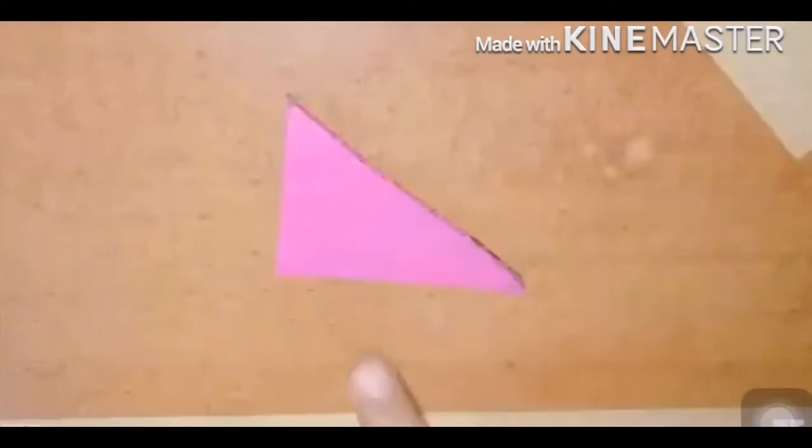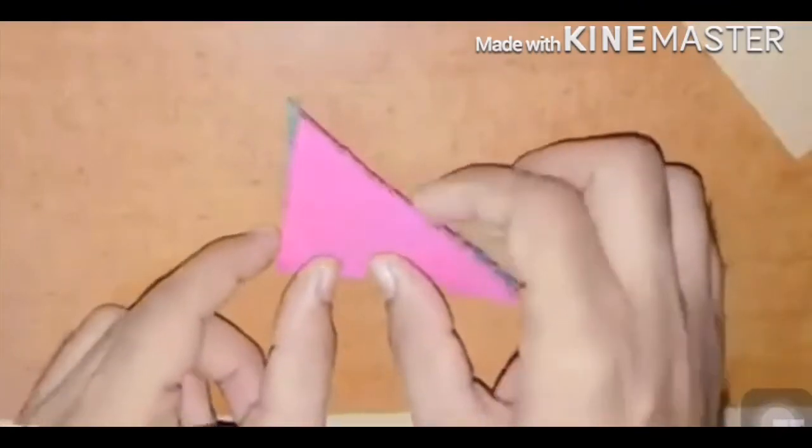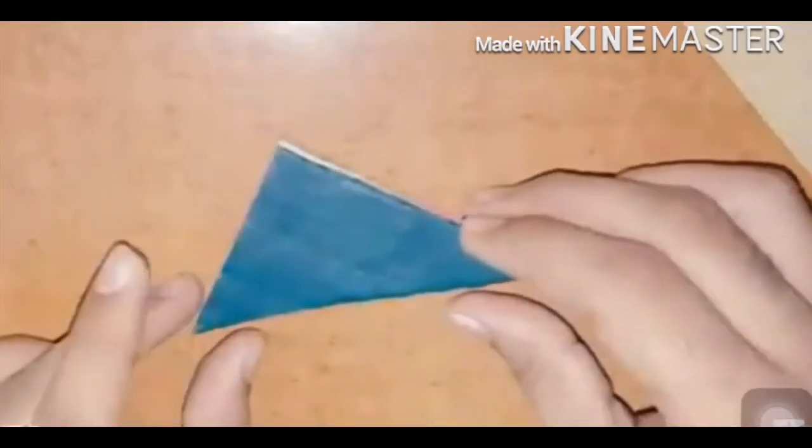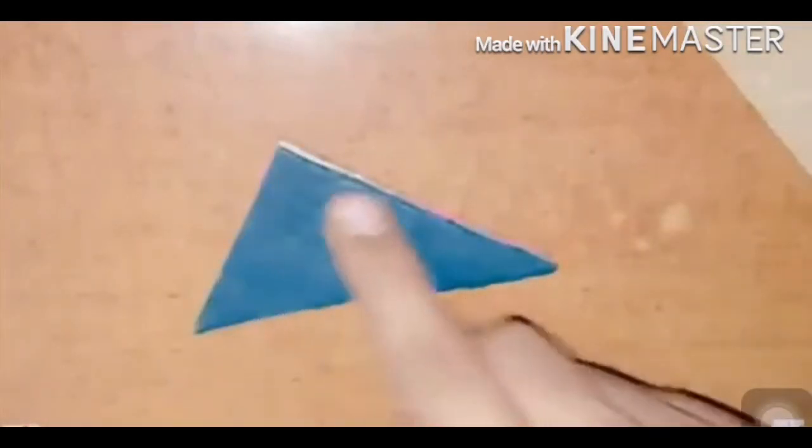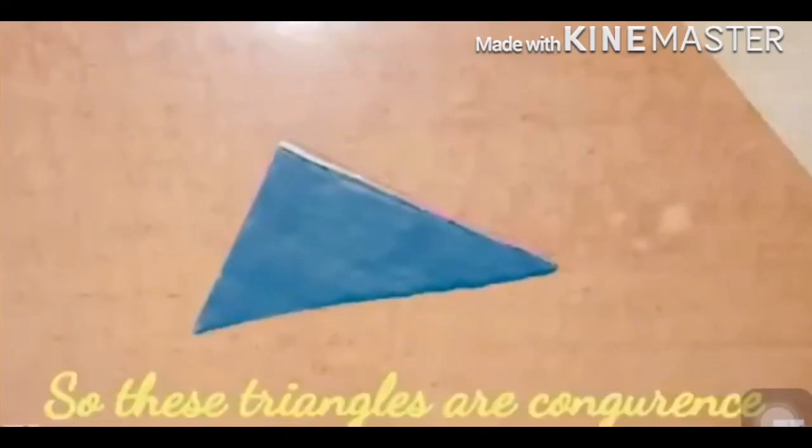Here we can't see the blue triangle, it is completely overlapped. So we will turn it to the other side. So here the blue one also completely covers the pink triangle, we can't see the pink triangle, right? So these two have the same size also. Same size and same shape means these two triangles are congruent to each other.